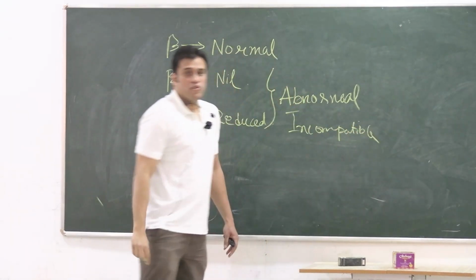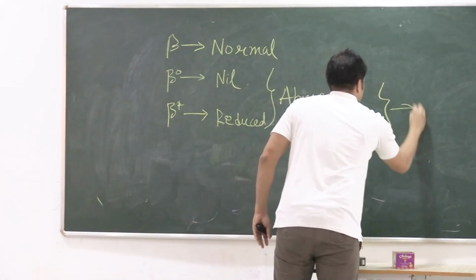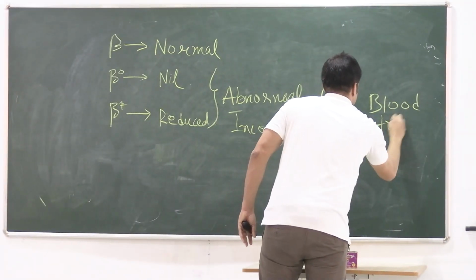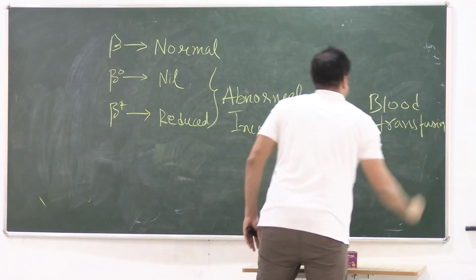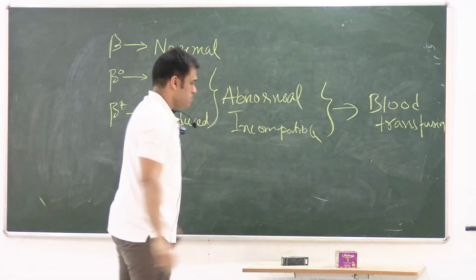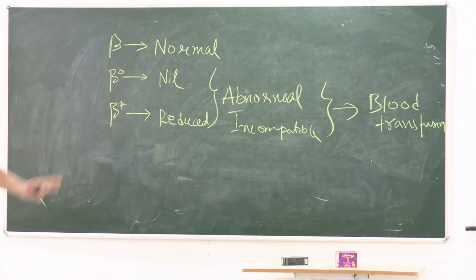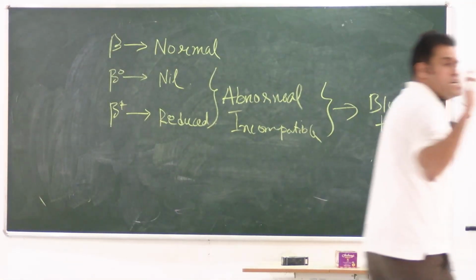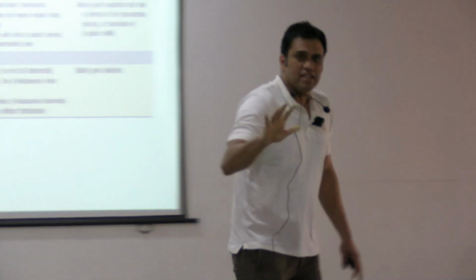So, for survival, they need blood transfusion. Clear? Beta is normal, very much compatible with life. Beta-0 and beta-plus are abnormal, incompatible with life, and they need blood transfusion. Such patients need blood transfusion for survival.